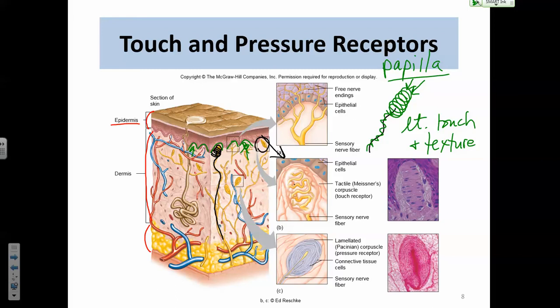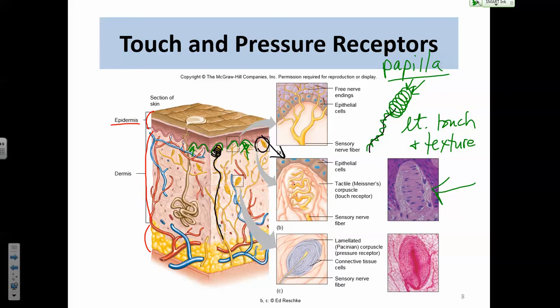Okay, and if you rubbed your shoulder along something, you couldn't feel its texture as well as your fingertips, could you? Because you don't have as many Meissner's corpuscles per square inch in your shoulder as you do in your fingertips. So the more sensitive an area of the skin is to touch and texture, the higher the concentration of Meissner's corpuscles there. Okay, here's the real thing. We'll see it under the microscope today.